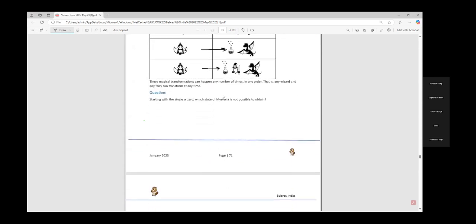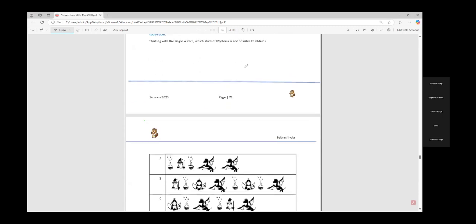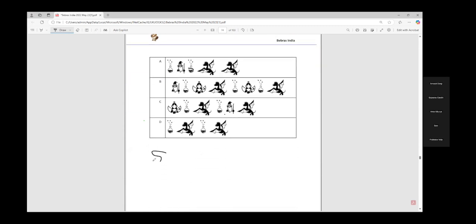So now your question is, starting with a single wizard, which of these Mysteria states are not possible to obtain? I'll just write it here so you can see the options. So you start with a single wizard. Which of these four options are not possible to obtain? Go ahead.